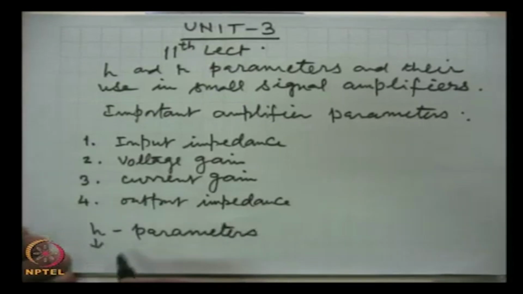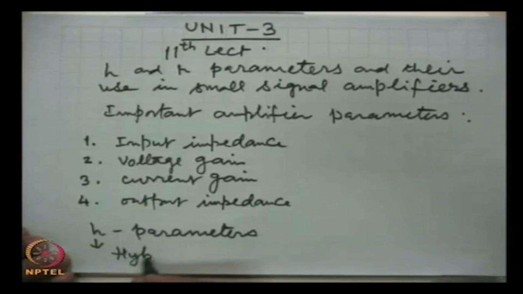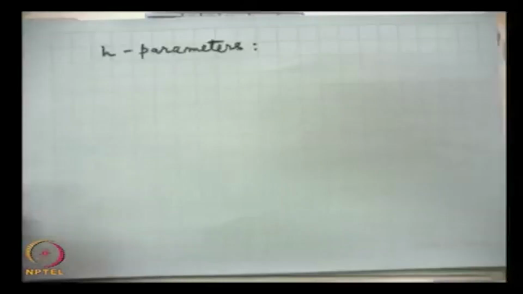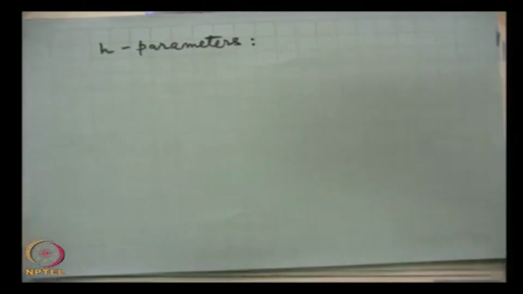H stands for hybrid, hybrid parameters, but popularly they are known as H parameters. And then after we finish this analysis, we will take another analysis, which is through R parameters. R stands for resistance parameters. So, first H parameters, hybrid parameters.